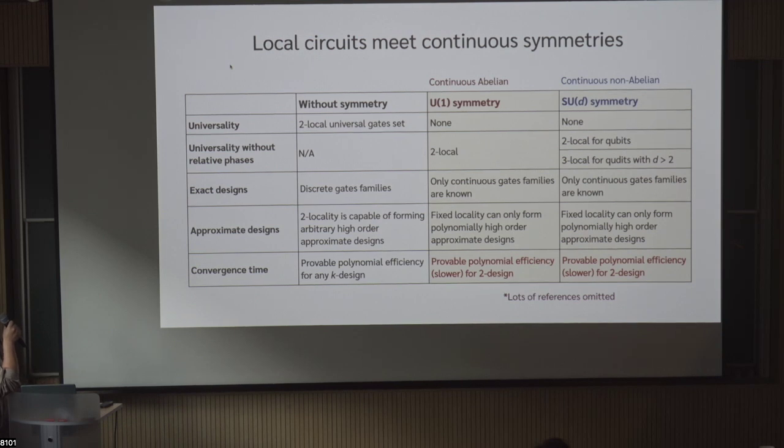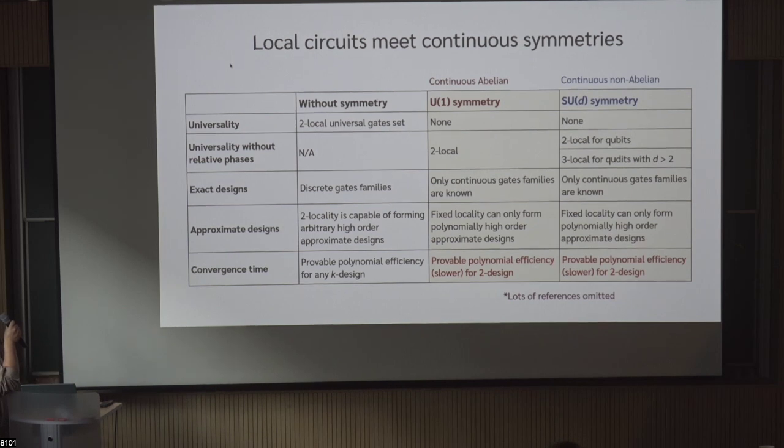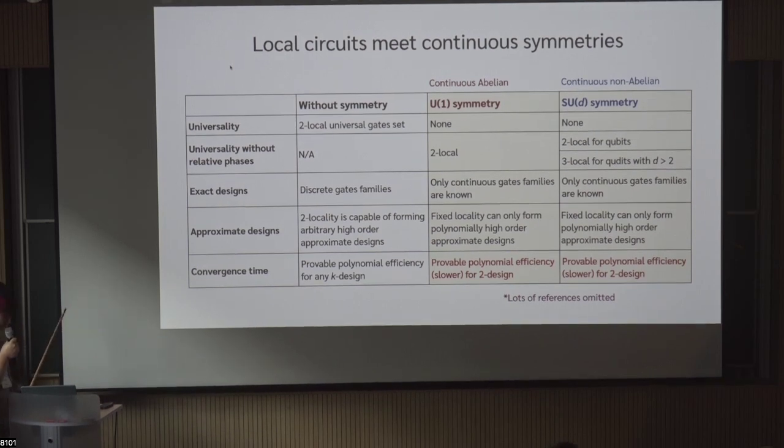What can also be shown is that with fixed locality, we can only prepare polynomially high order approximate designs. The main technical result of the paper listed in the title of the talk is to give a concrete construction of U1 and SU(d) symmetric local circuits that can provably converge to designs in polynomial time. But this polynomial is actually worse than the polynomial in the symmetry-free case.